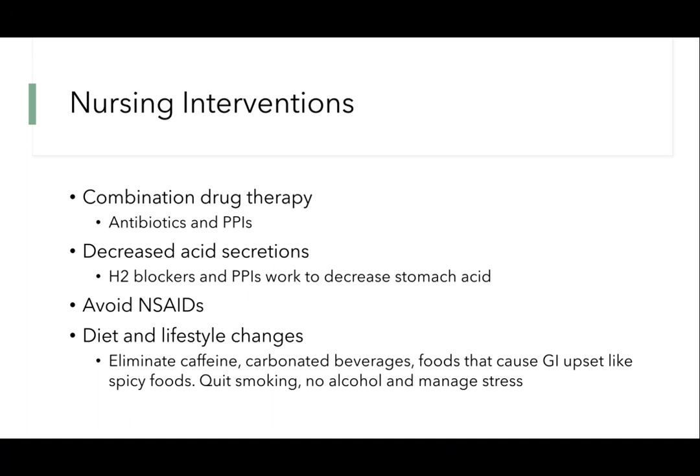And it's very important that if they are smokers or alcohol drinkers, that they stop and quit, because this is causing harm not only to other areas of their body but also to their stomach lining, and they might be unaware of it. So it's very important to educate.